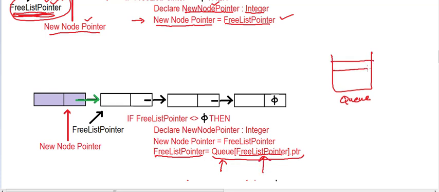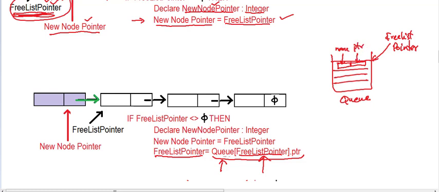So remember, the free list pointer was pointing somewhere here, so go to this location, and within this location you will find a node. This node has two fields. The first one is called name, and the second one is called PTR.